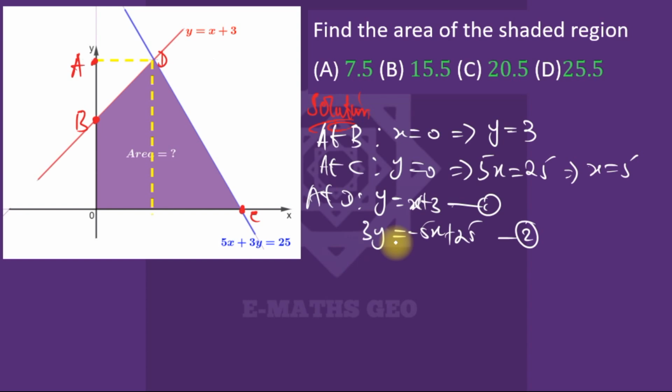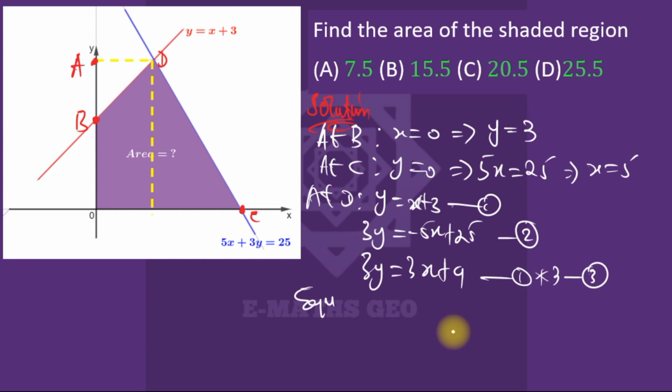So if I multiply equation 1 by 3 so that they will have the same coefficient, we have that 3y equals 3x plus 9. That's equation 1 times 3. Let's call it equation 3. So eliminate by subtraction. If we do equation 2 minus equation 3, we now have 3y minus 3y is 0.